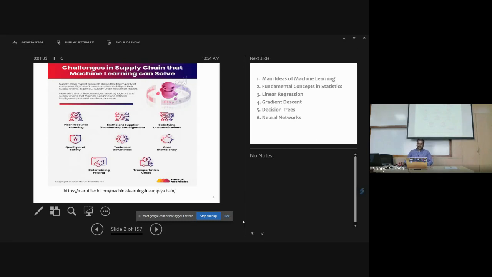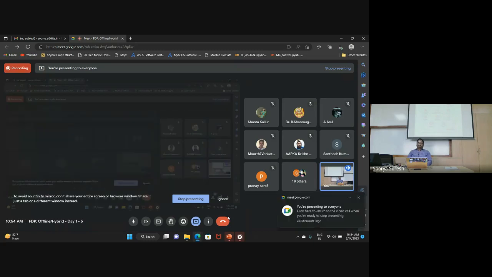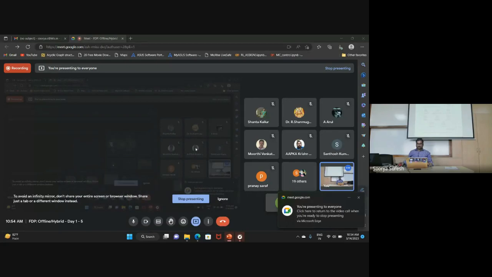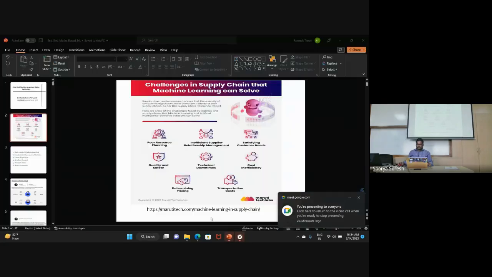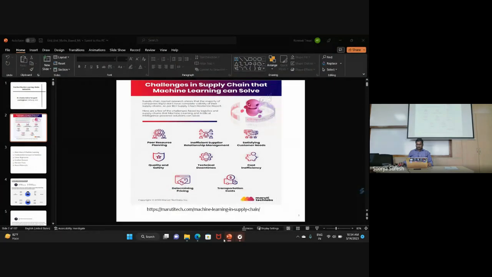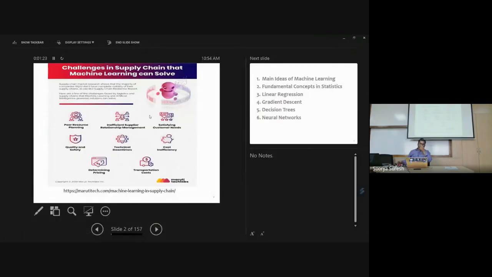So compared to classical and traditional techniques, machine learning techniques help us to perform optimal analysis on the data and to extract features, and we can perform various tasks like resource planning.